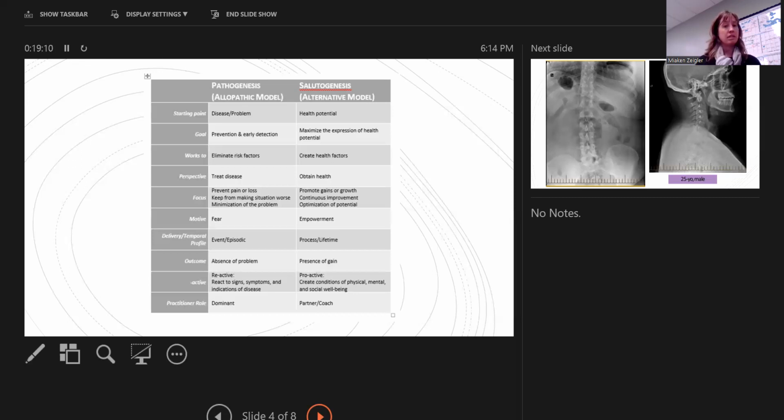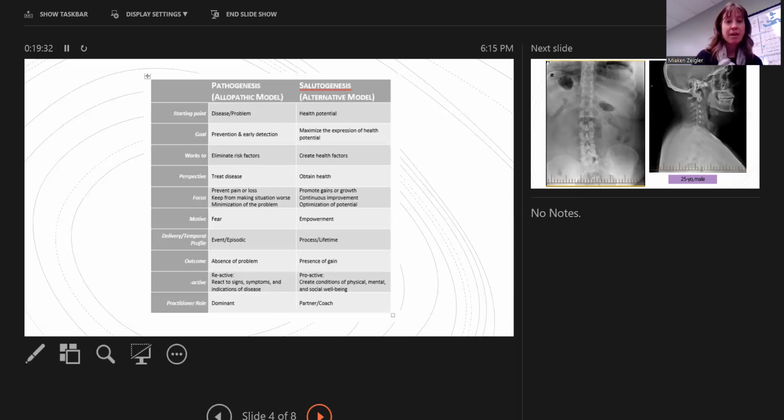Yeah, it's very different. The starting point for our allopathic model is disease and problem. Here, we're looking at what their potential in health is. What's their health potential? It's a very different lens for rendering care.